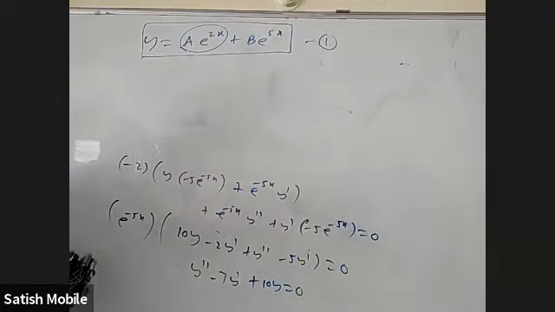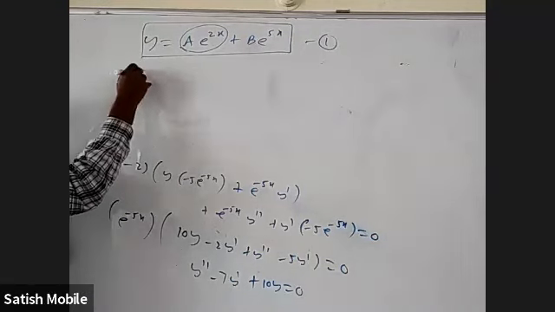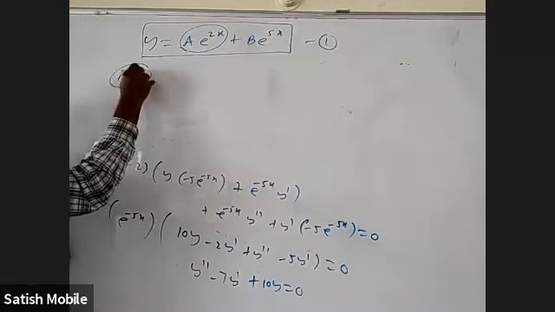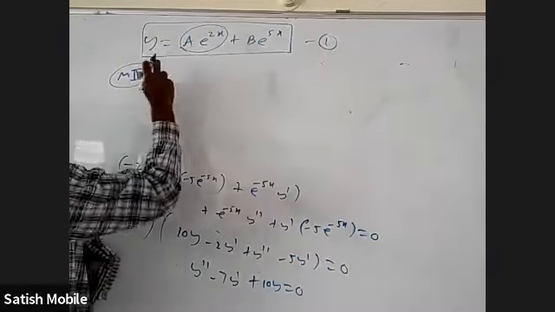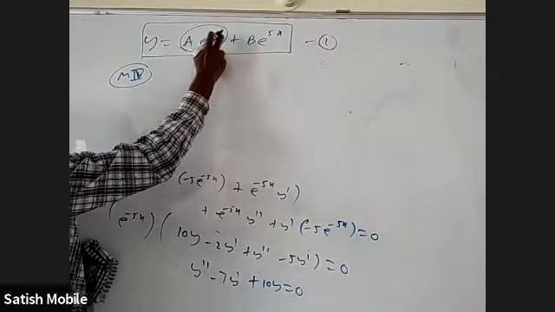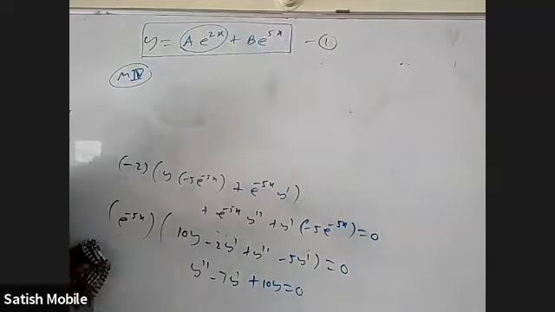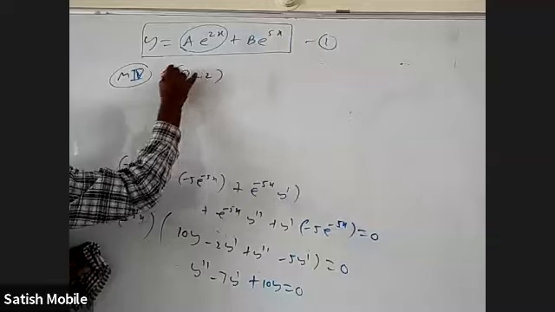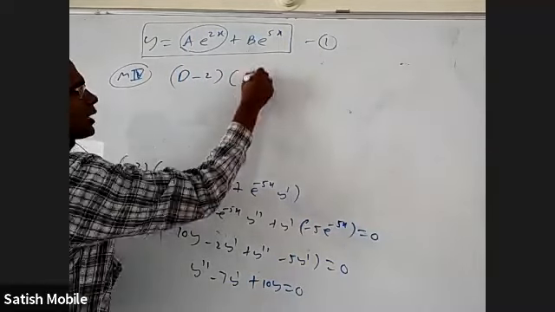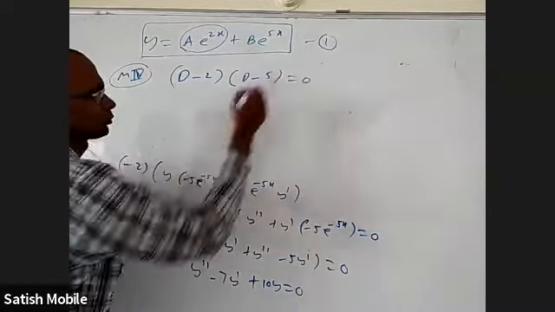Okay, method 4, it is like a shortcut for you, but it is a standard method in engineering. I'll explain the concept behind that method also, but first, I'll tell you the method. Whenever something is in the form of y equal to a into e power mx plus b into e power nx, you take D minus this number 2 here into D minus this number 5 here.